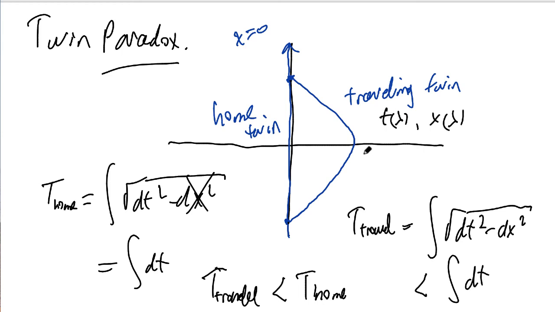But in those coordinates, the line element is no longer the Minkowski line element. It's no longer dt squared minus dx squared. So when you work out the proper times between events along the two different world lines, you get the same result. It doesn't matter what coordinate system you use. And of course, physically, the distinction between these two twins is that the stay-at-home twin travels along the geodesic, whereas the traveling twin does not. So that's what breaks the symmetry between these two world lines.